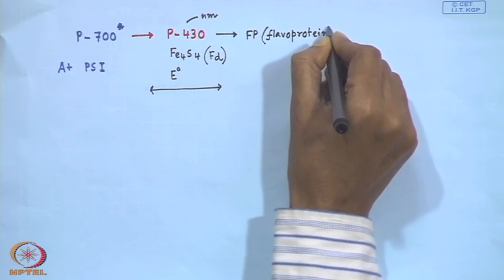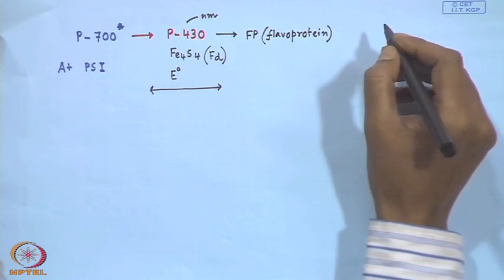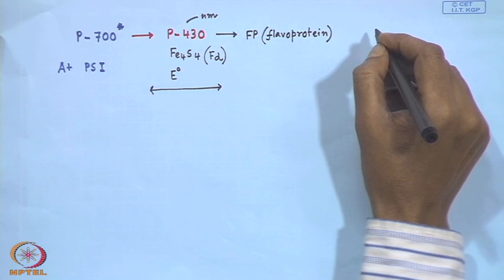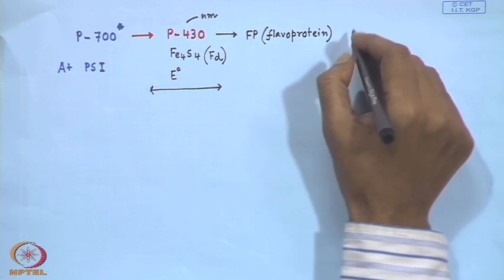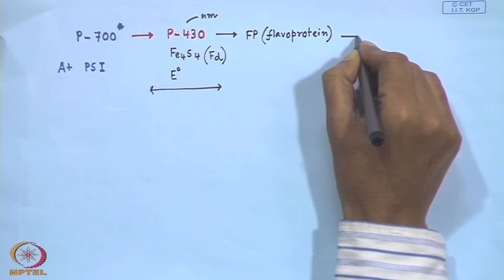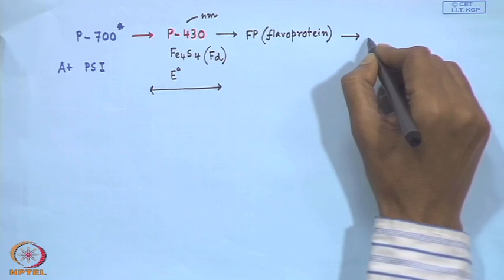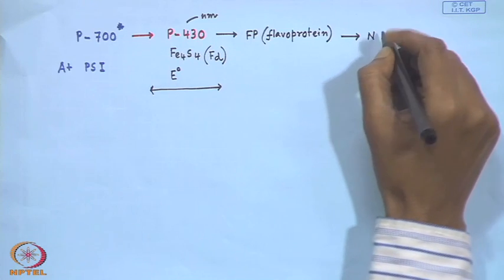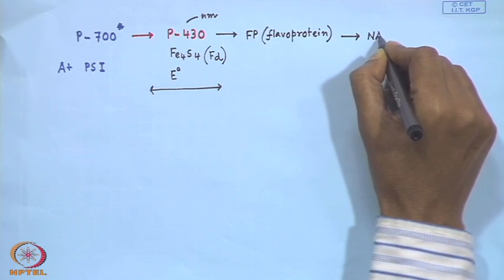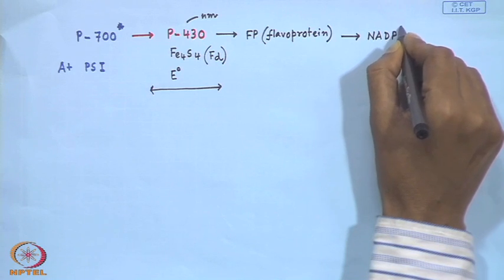These are all our well known redox mediators, because we cannot connect all these directly to the species we are trying to attach, that means NADP plus.